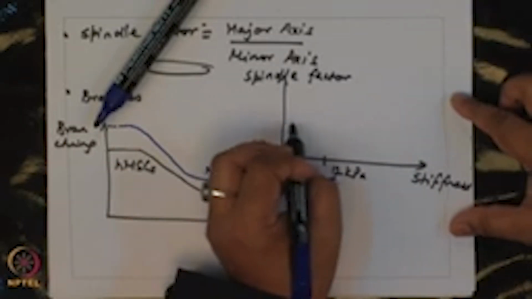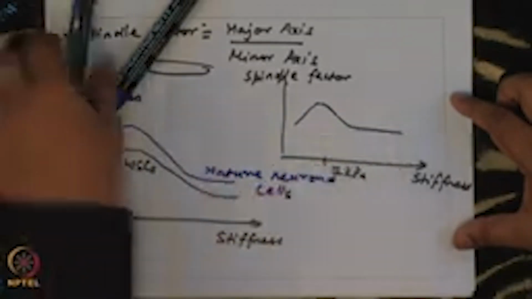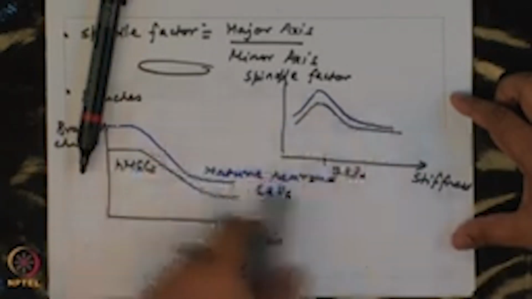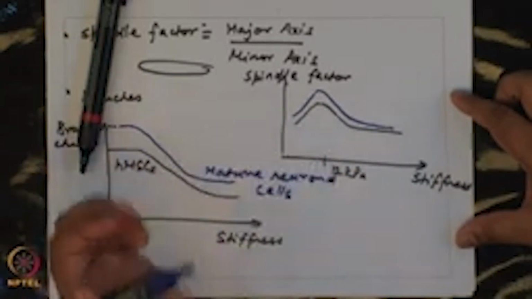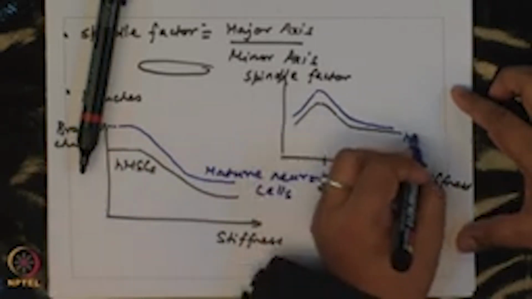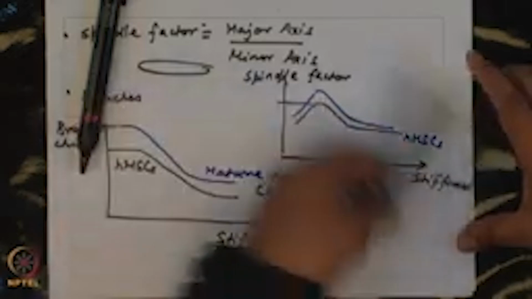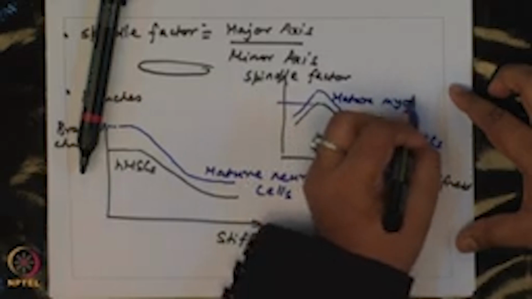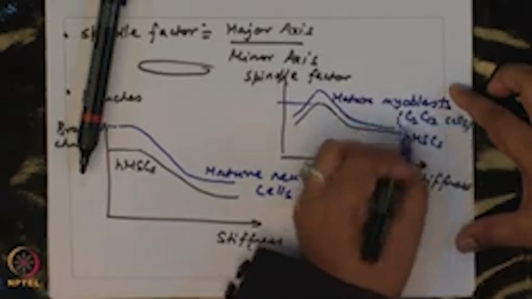What they found was, similar to the maximum branching on the softest surfaces, on these intermediate stiffness surfaces HMSCs exhibited the maximum spindle factor, and this was similar to that of mature muscle cells, mature myoblasts, which are C2C12 cells.